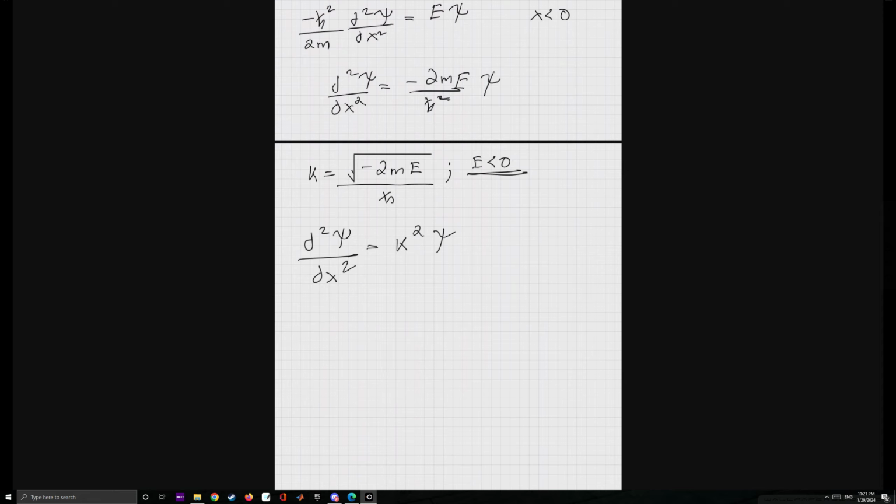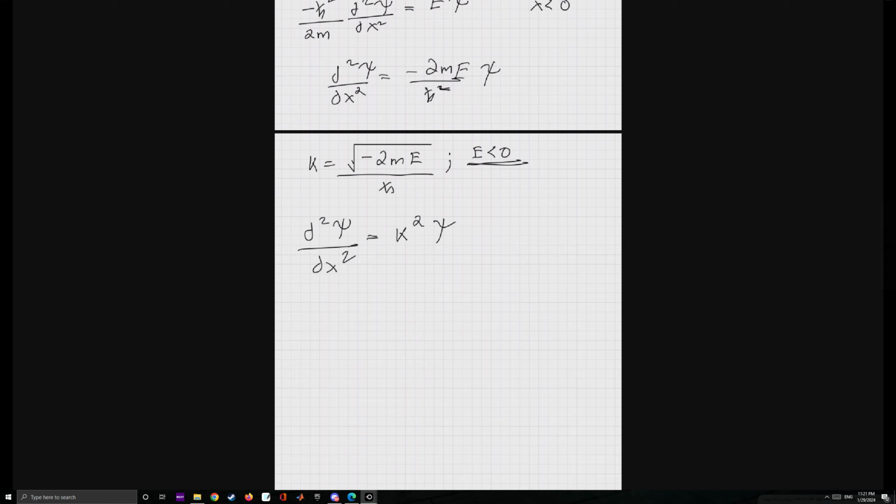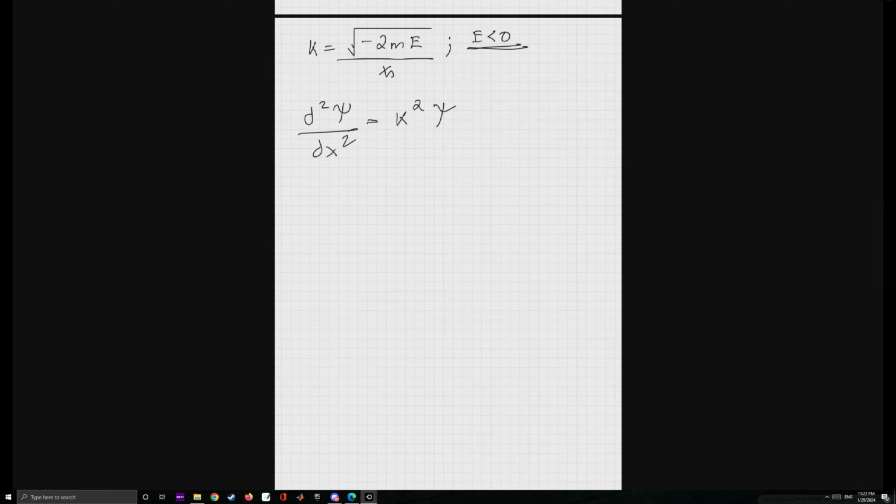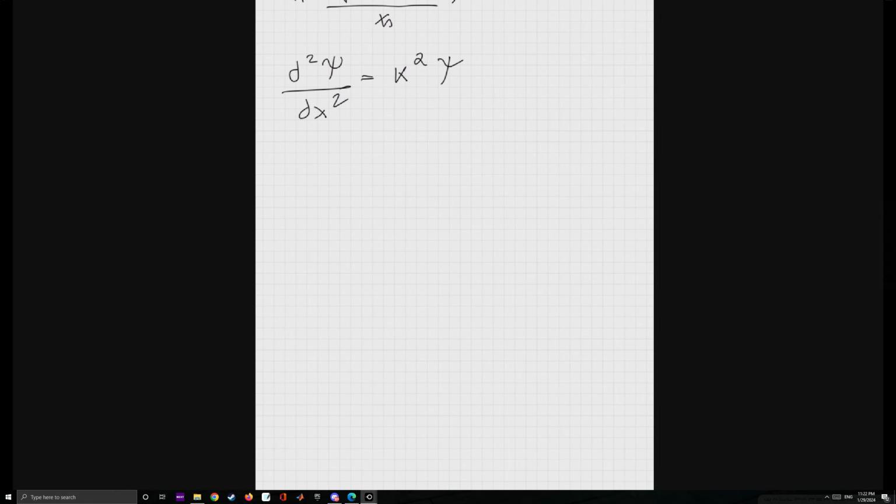In the case where E is greater than 0, we will leave this out and it would be negative k squared, and in that case we get exponential solutions with i in them. But in this case, the solutions of these are simply A e to the kx plus B e to the negative kx.